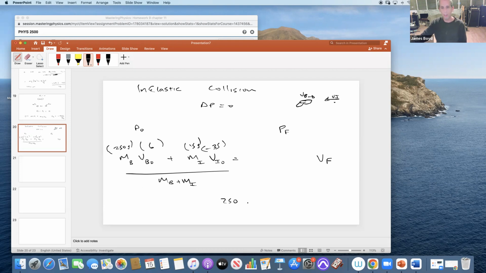So I get 250 times 6 minus 15 times 35 over 250 plus 15. I don't have to change my units. They're in grams and they'll cancel. So 250 times 6 minus 35 times 15 divided by 265 is 3.7 meters per second.